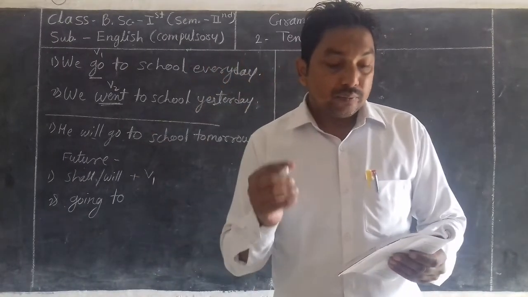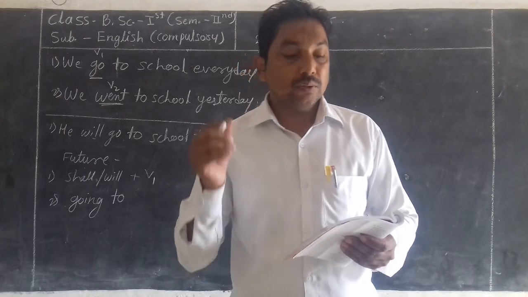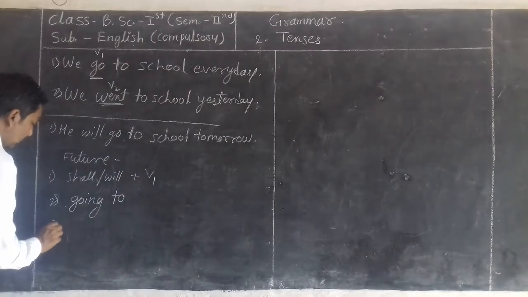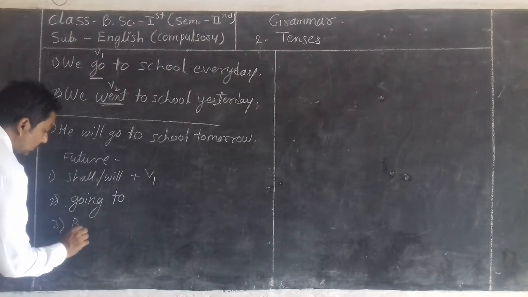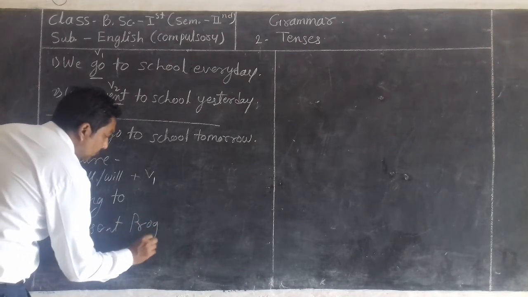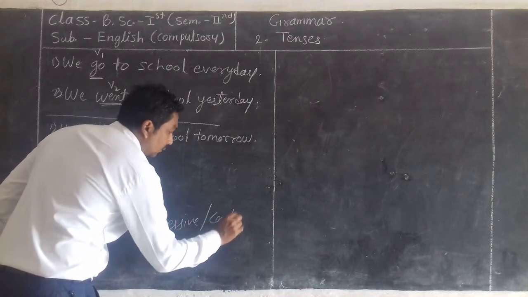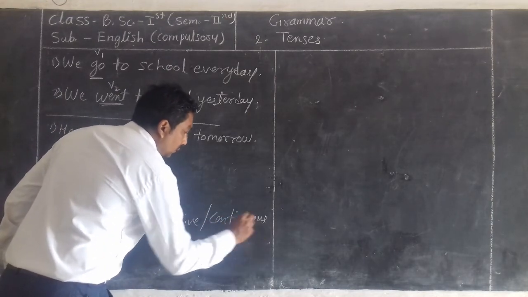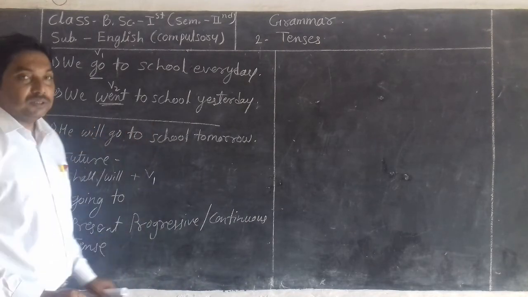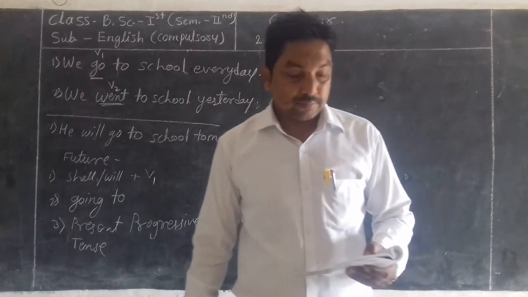Number 3, future action shown by the use of the present progressive or continuous tense. So by this tense also we can express a future incident.